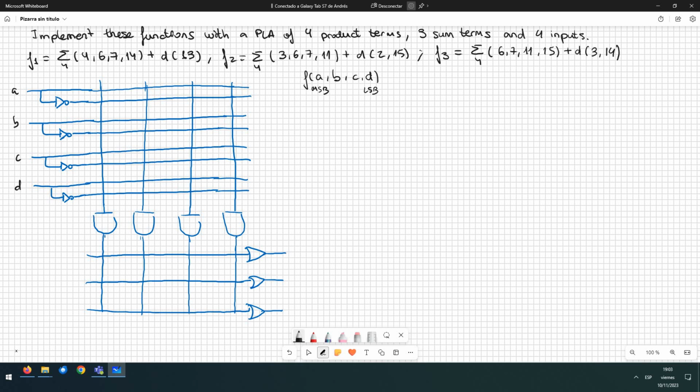Good. Next step is to build the Karnaugh map of the function, something that we are really used to doing. So we have 3 Karnaugh maps of 4 variables. Really easy for us.